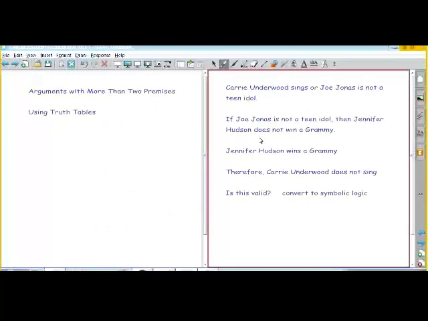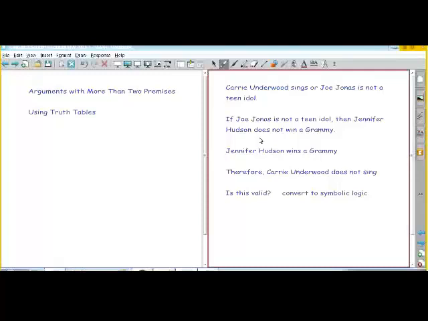You go through the same procedure, it's just you have one more premise, which you connect to the other premises with an AND statement. Otherwise, the procedure is exactly the same. You still put together a truth table. You still look to see whether the result is all trues, and you make the same conclusion based on the criterion that we've done before.